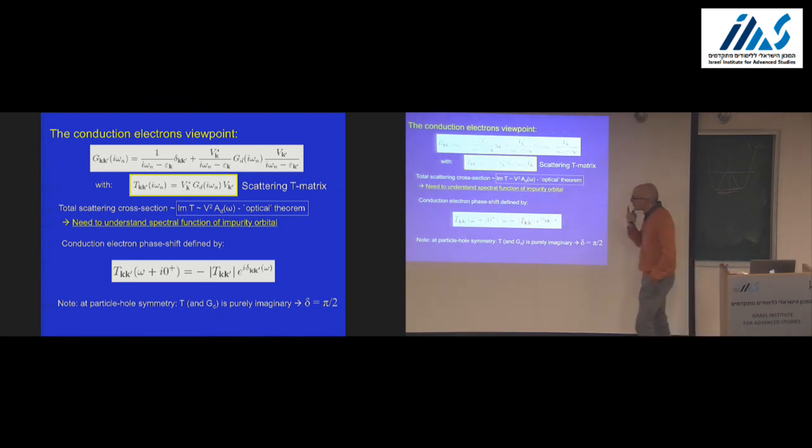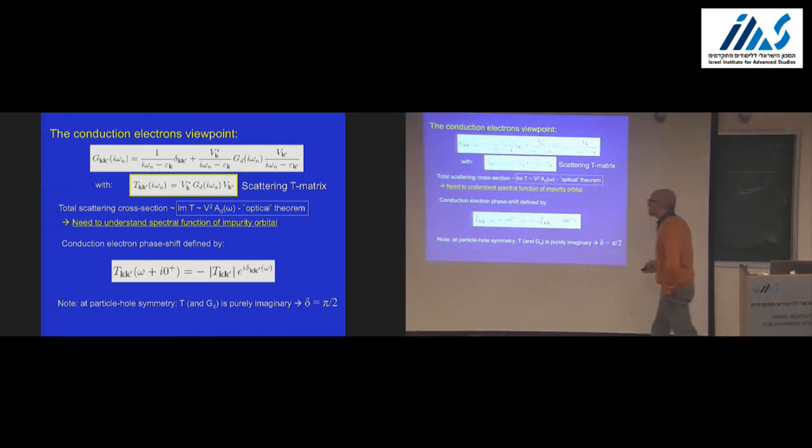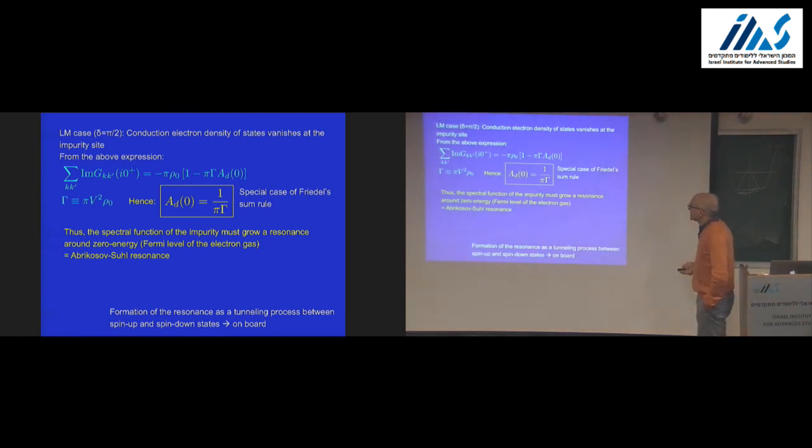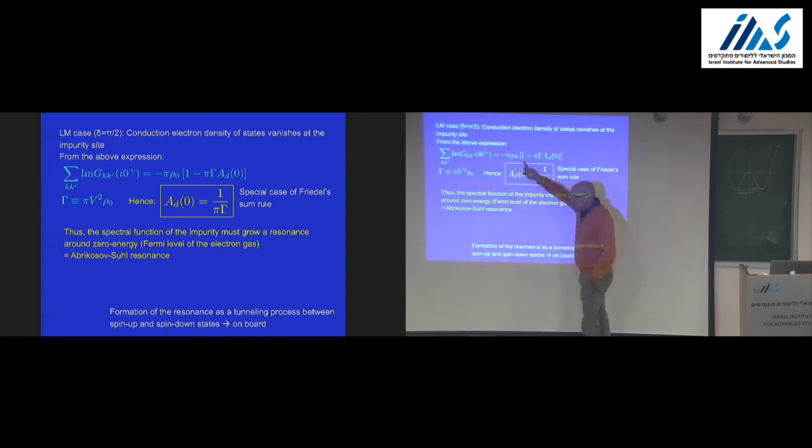So what is the consequence for the T matrix of the pi/2 phase shift and the fact that this acquires at zero temperature and zero frequency this resonance? Well, you can work this out very easily from this expression. And what you will realize is that the local density of states of my conduction electron now exactly vanishes at zero frequency.